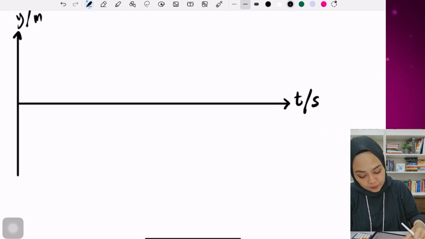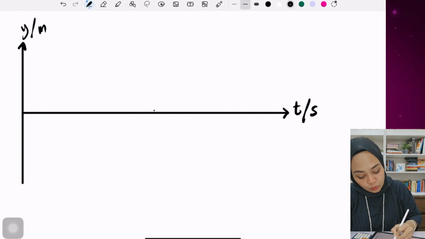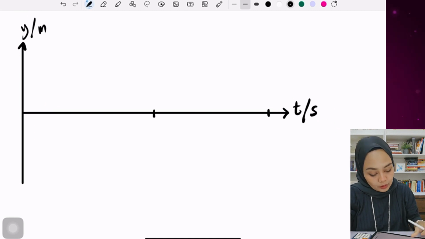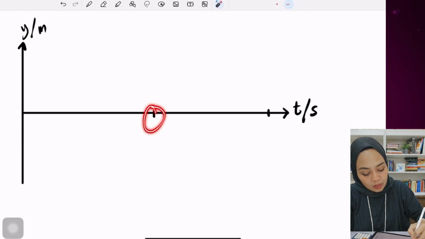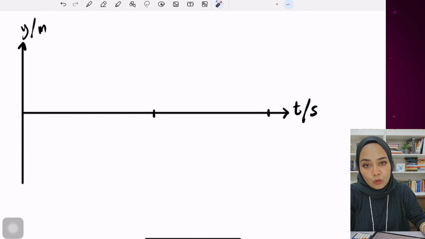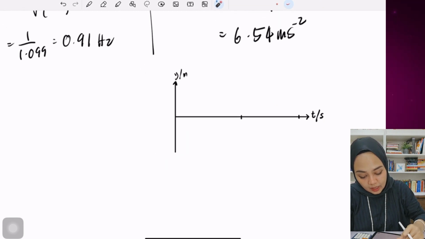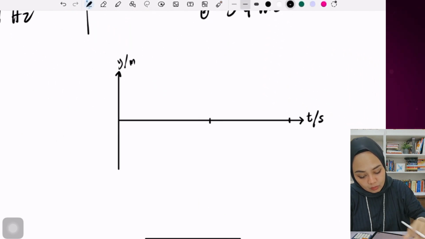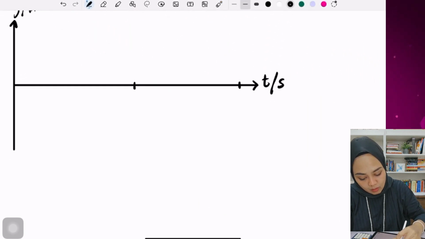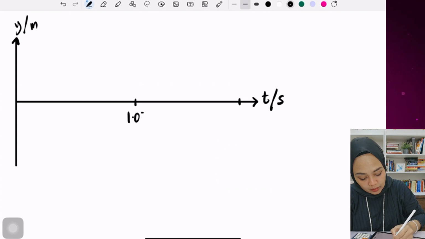And then we are going to do 2 cycles. But here, at this part, we have to give the value of the period. And for that, we have to look at the part above. We already got 1.099. So, I put here 1.099.